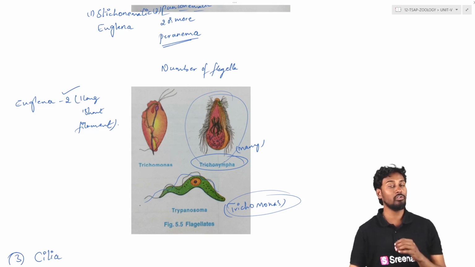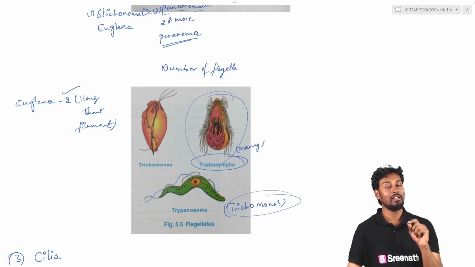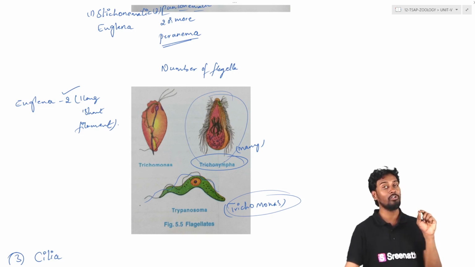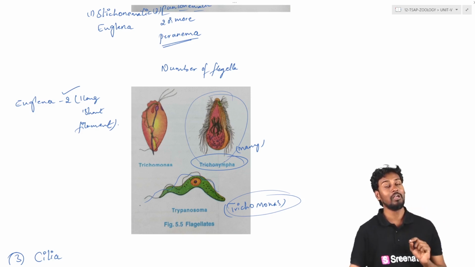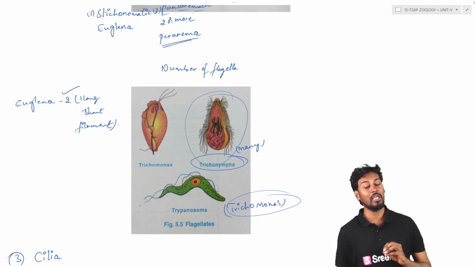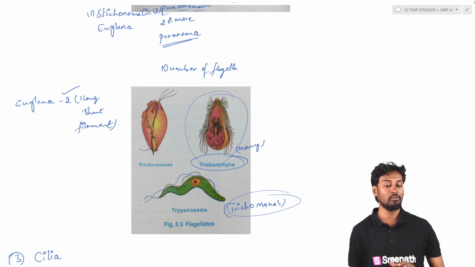So in the case of Trichomonas, we can see a single long slender filament arising from the rear part of the body. It is single in number. Based on the number of filaments, we can differentiate them into different types.